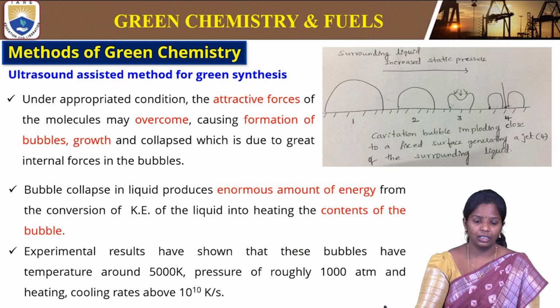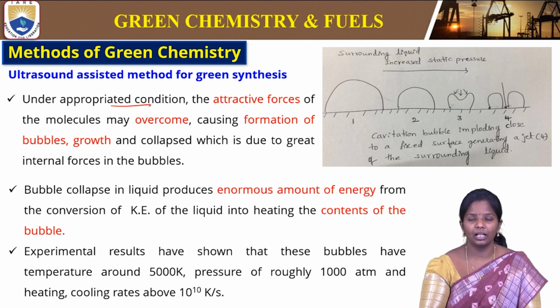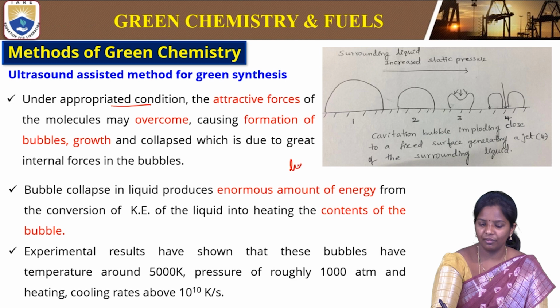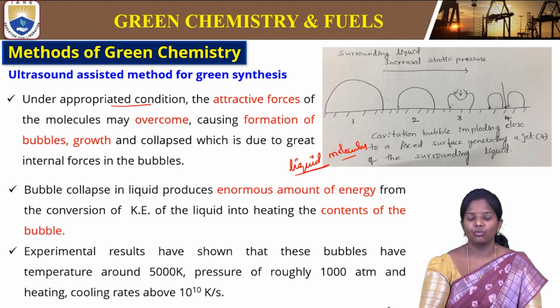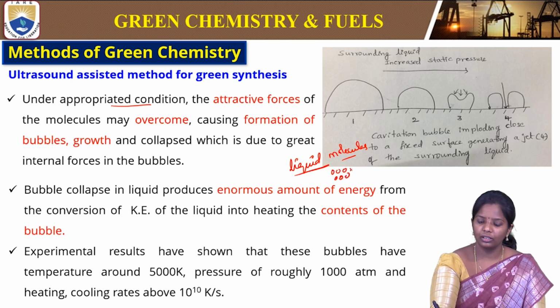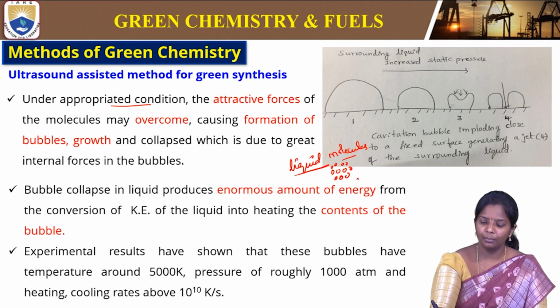Under appropriate conditions, the attractive forces of molecules, for example in a solvent liquid, can be overcome. The molecules under some condition have their attractive forces overcome, that means the atoms that are together due to attractive forces are separated, forming a bubble.